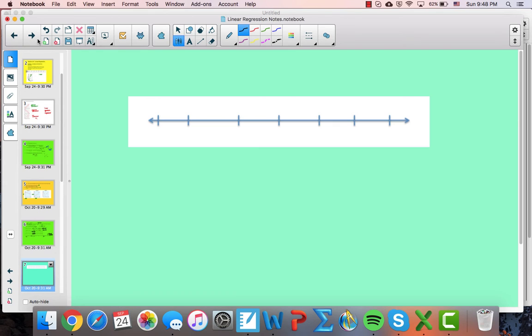All right, I want to look at that relationship. So what I like to think about is here's 1 and here's -1, okay? And I'm going to put 0 right in the middle, okay? So as R gets closer to 1, it gets a stronger positive relationship.